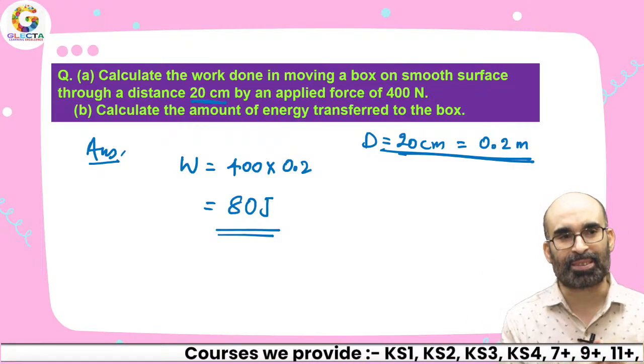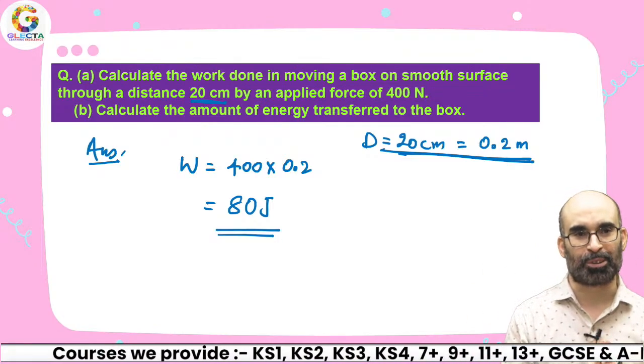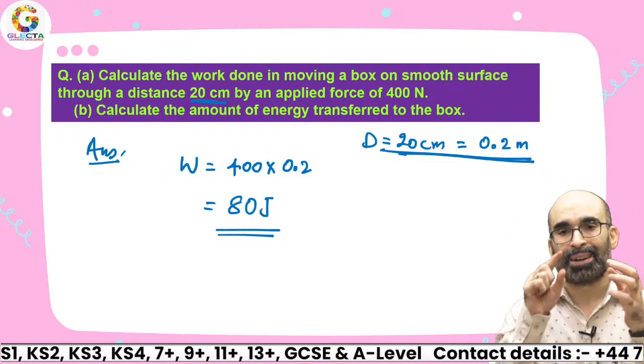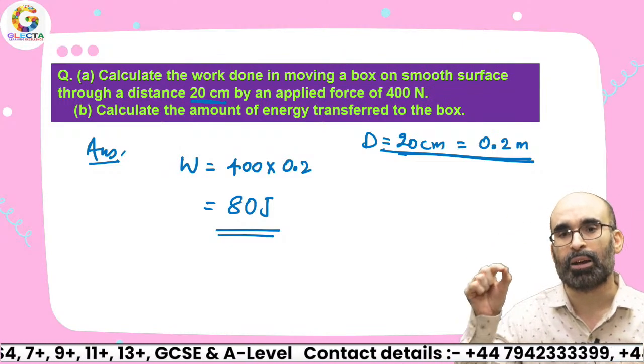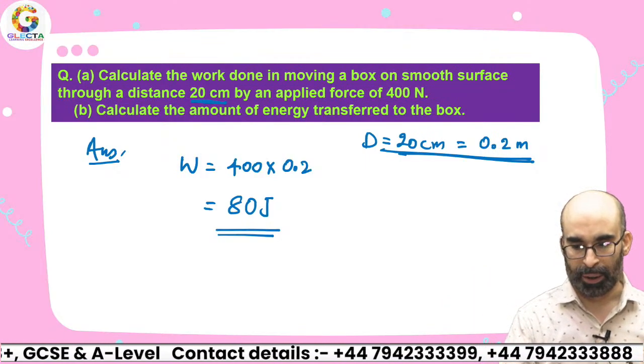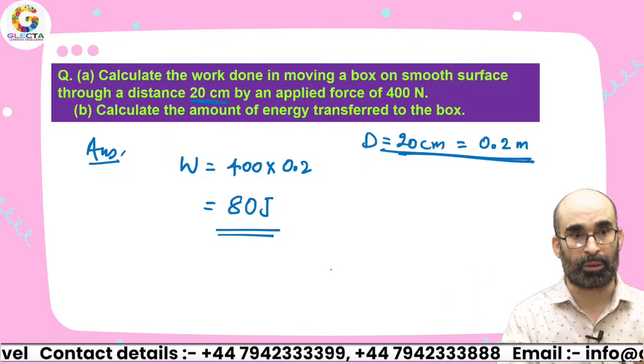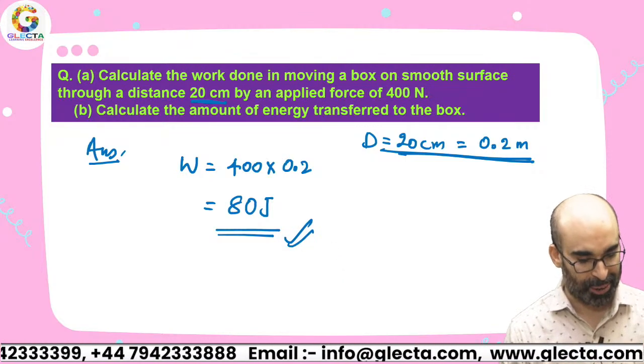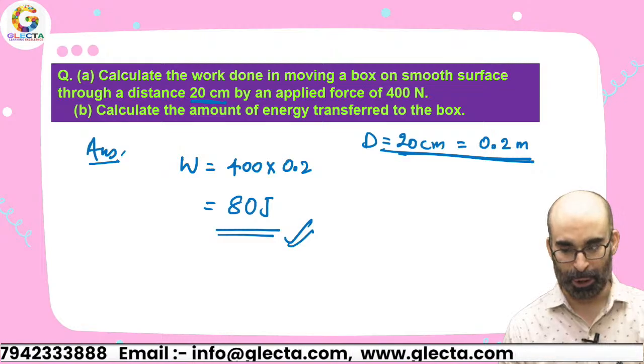Why did you not use this as meters in the first place? Okay, focus on that. I had told you distance you need to measure in meters. Very good. Now I have started getting all the correct answers.